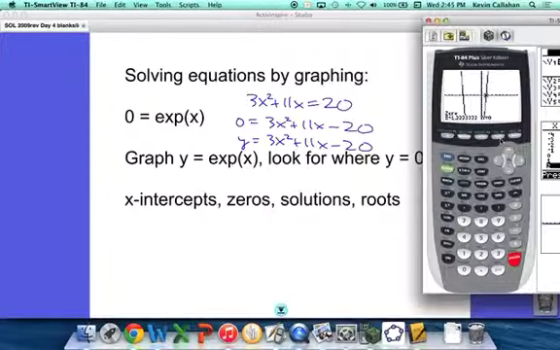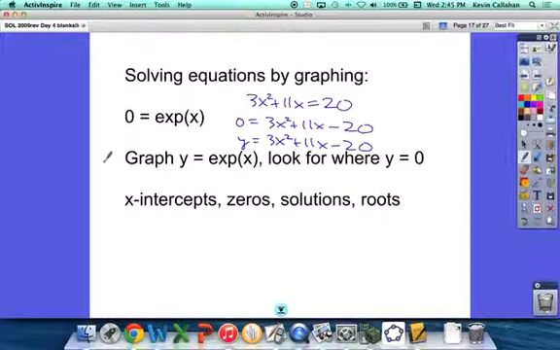So remember that it's the x-intercepts of the graph, also known as the zeros, that you're looking for. They might also use words like solutions or roots. All of those are kind of saying the same thing. And remember the relationship between a linear factor and a 0.